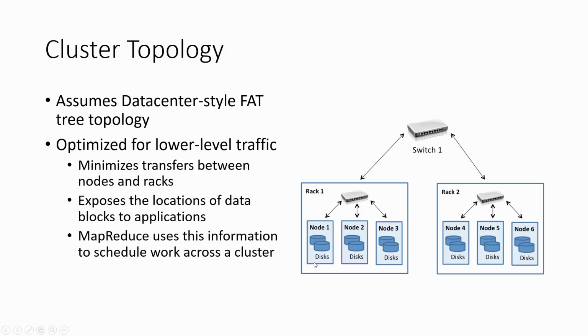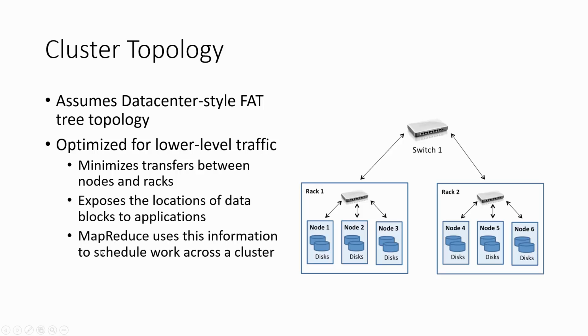So if a client is running in node 1 and trying to read some data, and the block exists in node 1, node 3, and node 6, the metadata will say, hey, you can read the block from node 1 because it's closest to you. Similarly, if you want to transfer data between nodes, it'll point you to the node that is closest to you in this tree, rather than pointing you to some node on another rack, to minimize inter-rack transfers.